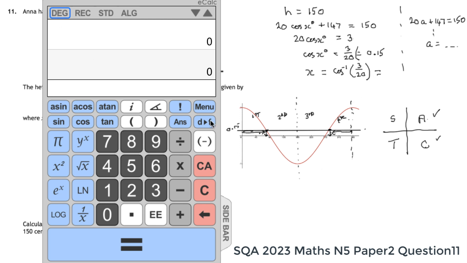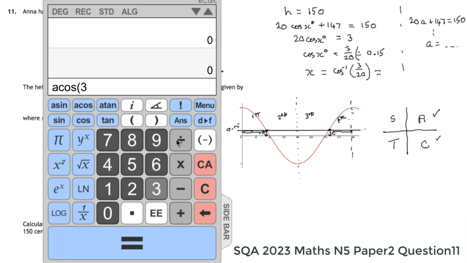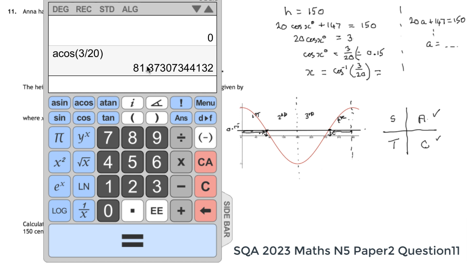So cos to the minus 1, 3/20. And in my calculator, that button there is the cos to the minus 1 button. It says what angle has a cosine of 3 divided by 20? And the answer is 81.37 degrees approximately.